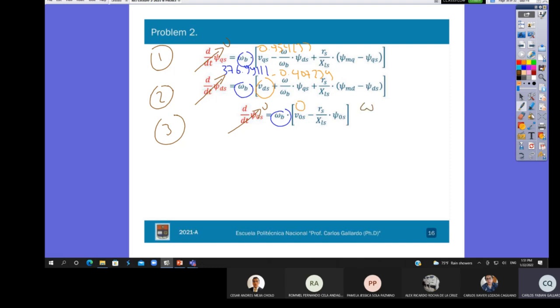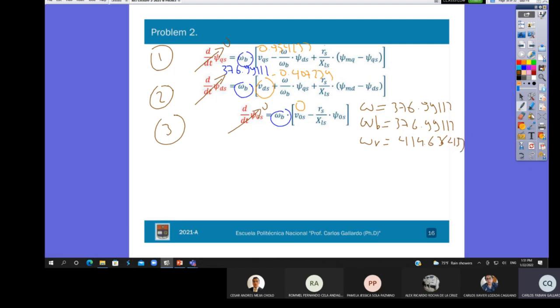Okay, omega is 376.99112. Omega base is equal to the same value, 376.99112. And the rotor speed is equal to 414.636439.